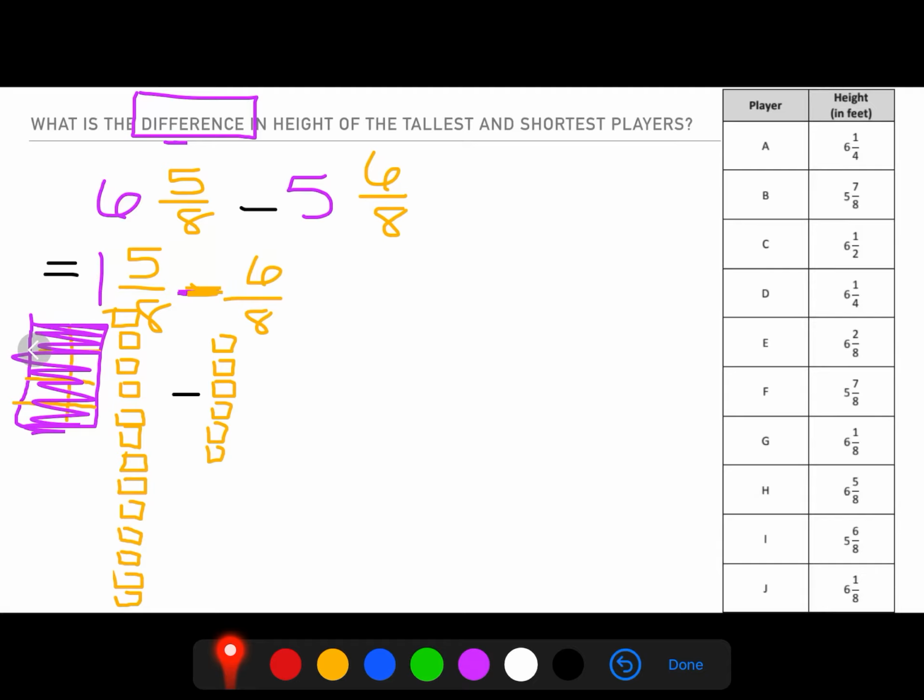How many eighths do I now have? That's right, I have 13 eighths, and I'm taking away 6 eighths. 1, 2, 3, 4, 5, 6. How many eighths are left?